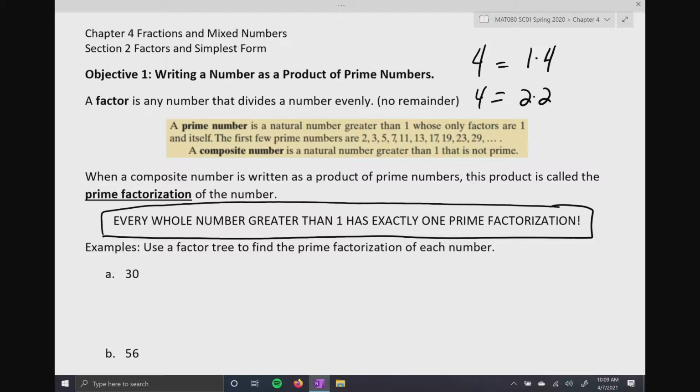Hold on one sec. Sorry, he is biting my feet.